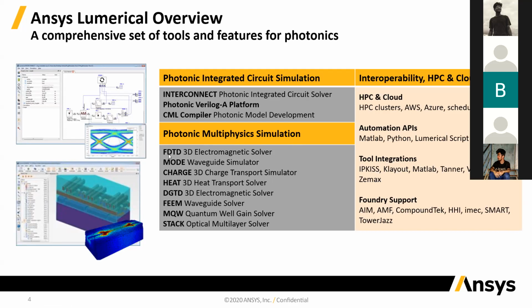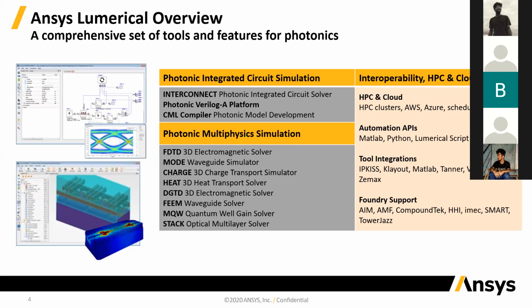So first of all, FDTD. This is the most popular product from Lumerical, and I believe a lot of you are probably already aware of this tool. So it's a 3D Maxwell equation solver. It gives you a 3D design environment where you can design your component and run simulations to see how light propagates through your device.